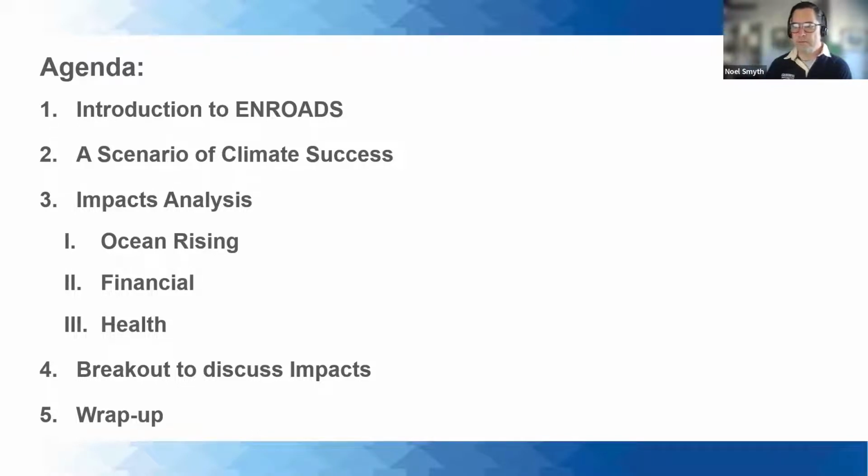Then we're going to deep dive into a couple of the impact areas that the ENROADS tool allows us to investigate: the rising ocean, financial impacts, and health impacts. Hopefully we'll give you some talking points or items of interest for your member of Congress.